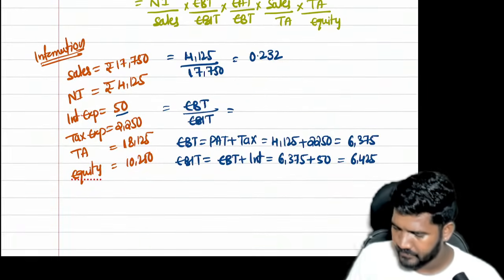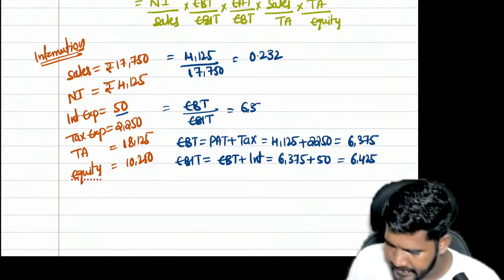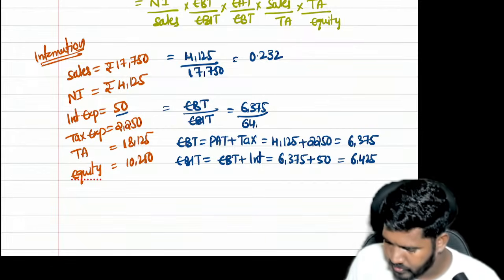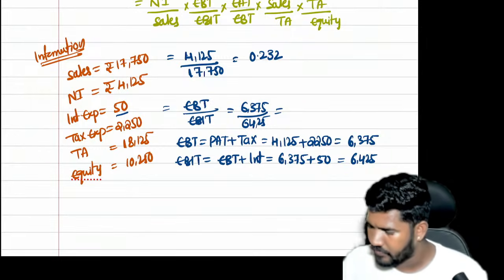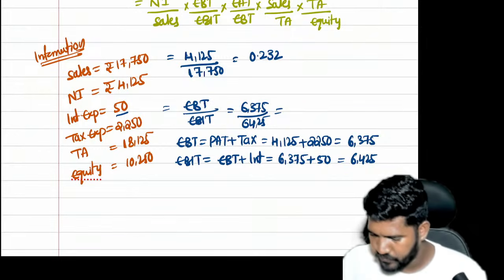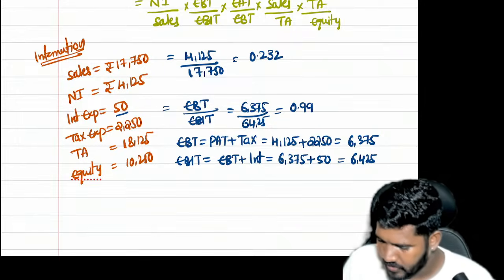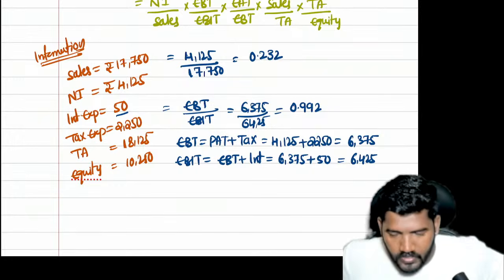Please calculate here. EBT 6,375 divided by 6,425. The answer is 0.992. So interest burden is not much in the company.